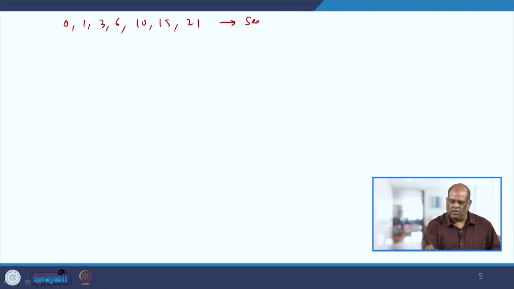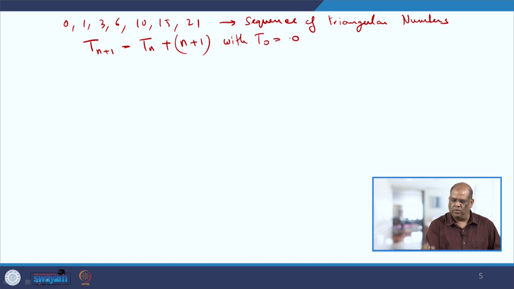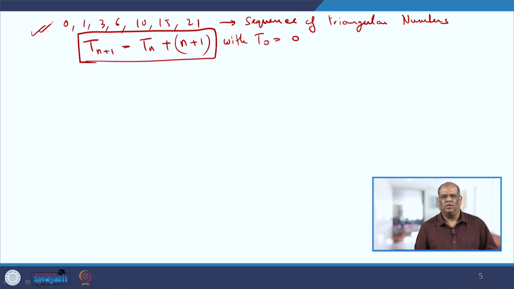These are known as the sequence of triangular numbers, and they are obtained from the difference equation T(n+1) equal to Tn plus n plus 1, with T0 equal to 0. So, this is a recurrence relation or a difference equation which generates a sequence of numbers known as the triangular numbers.